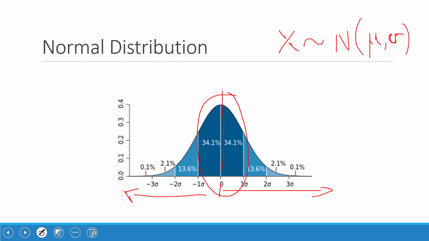The bell-shaped curve is also very symmetric about the mean. So the random variable x is equally likely to take on a value t units above its mean as it is to take on values t units below its mean.